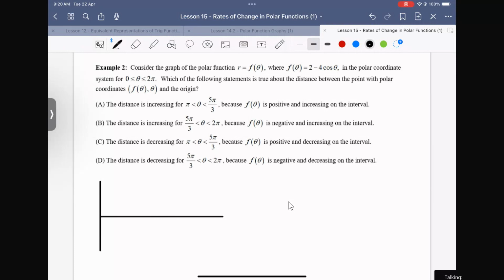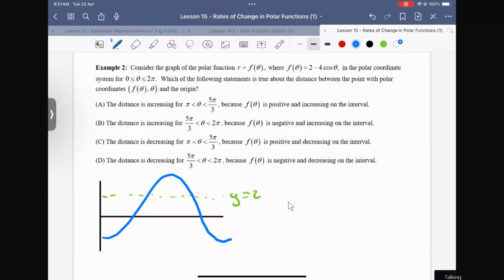We can see that the principal axis is going to be here at y equals 2. There's a reflection in this graph. So the graph is going to be starting off down here, going up and then coming down again.